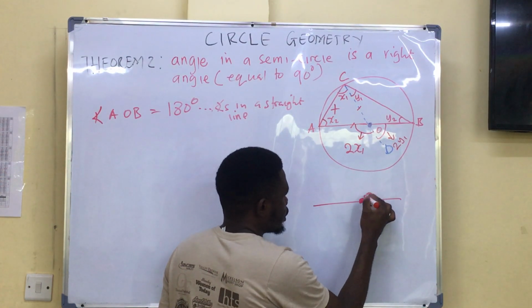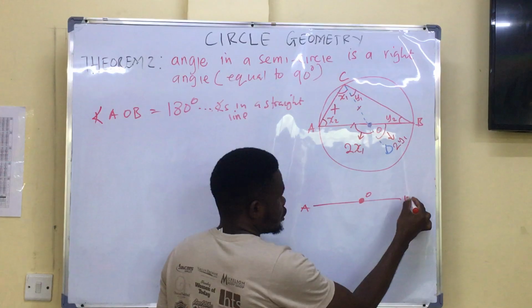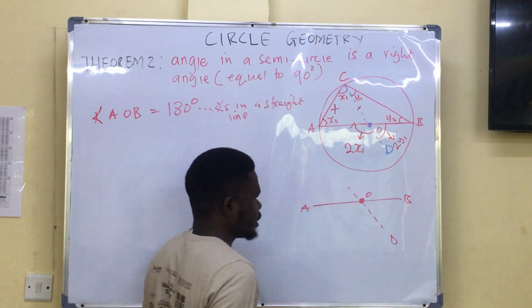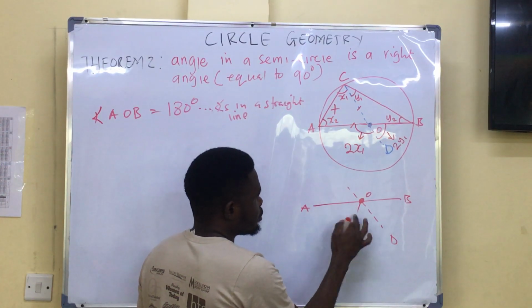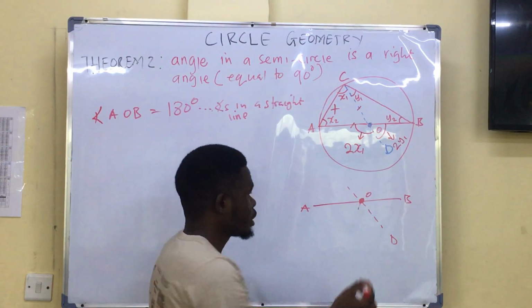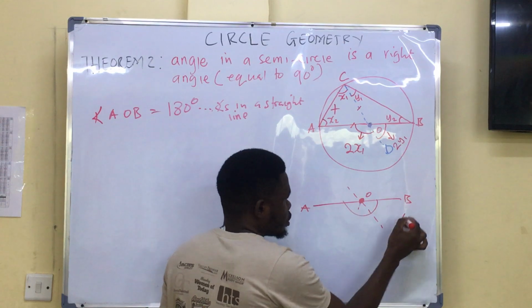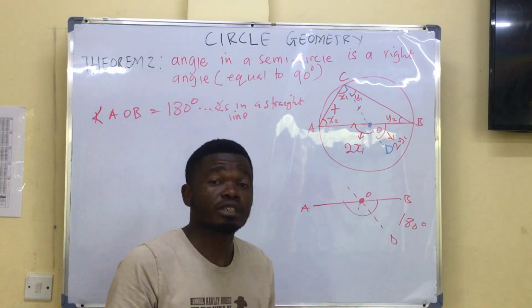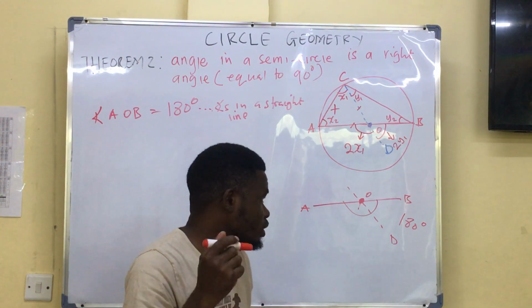We have point O here, A here, and B, right? It's like that. We have D here, right? Remember that the whole of this angle is 180 degrees, right? Why? Angles formed in a straight line are equal to 180 degrees.